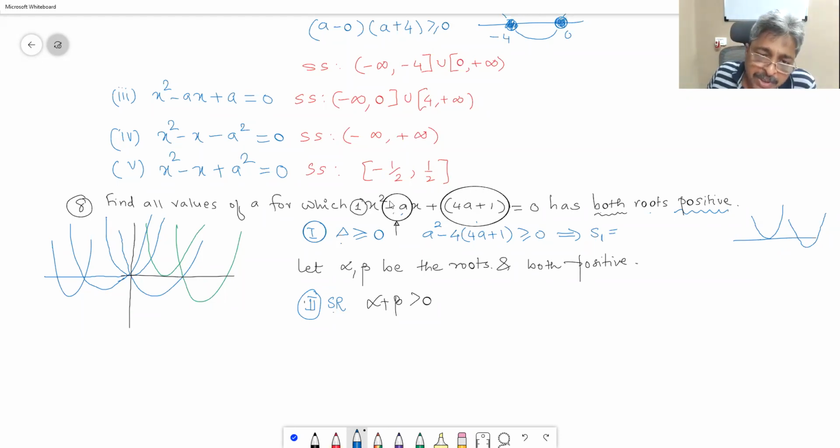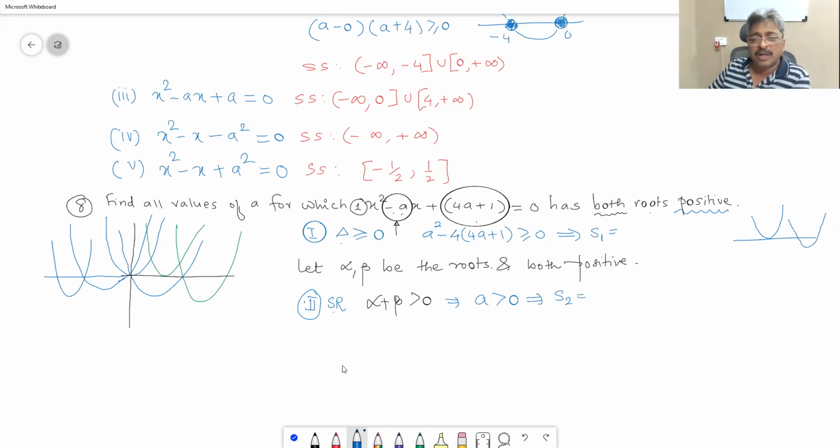If both the roots are positive, can I make use of this information that the sum of the roots is A? Yes. So how much is alpha plus beta? This implies alpha plus beta is opposite of A divided by 1, which is A, must be greater than 0.